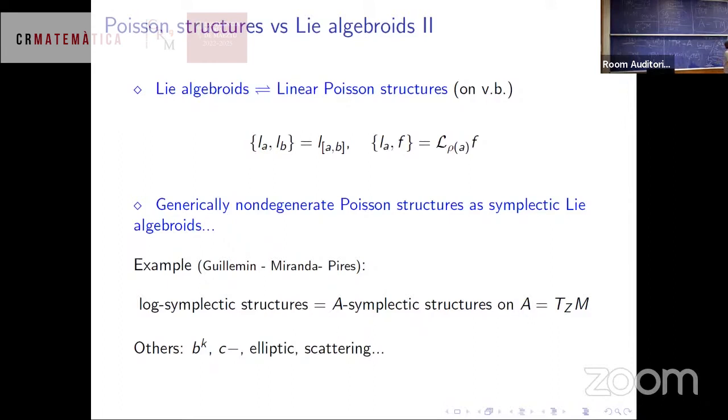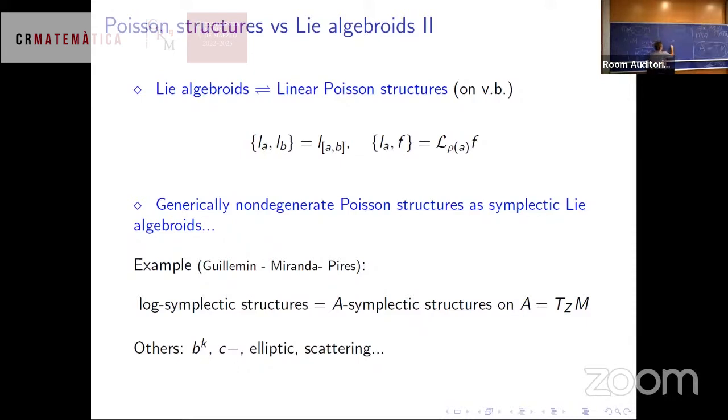Okay, so maybe I should mention, I think this program has been developed by a bunch of people. As I said, I think the starting point was the paper by Eva, Guillemin, and Ana Rita. Maybe I shouldn't list the names because I'll forget many, but perhaps I should. I think at some point Jeff Scott was involved in this.